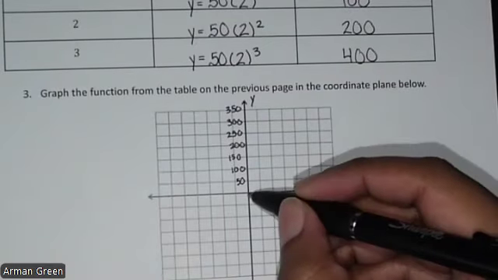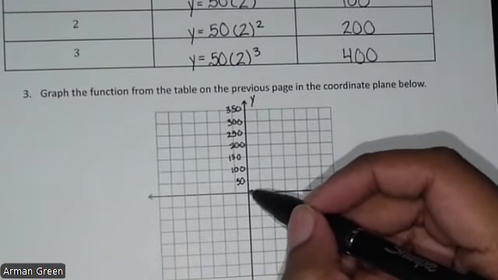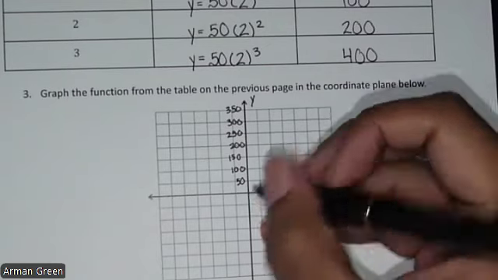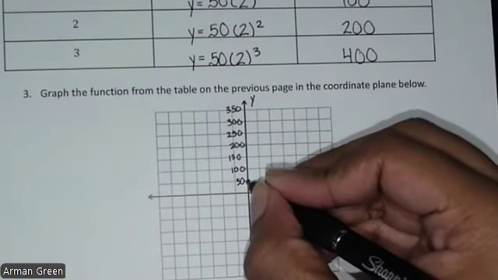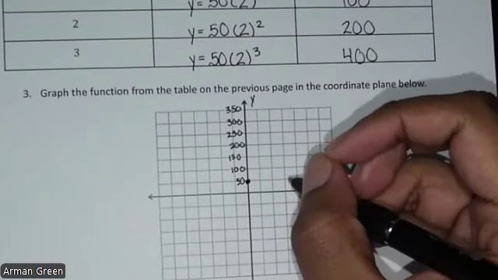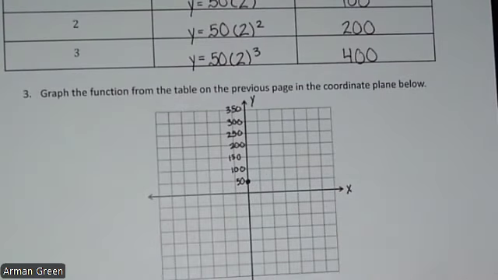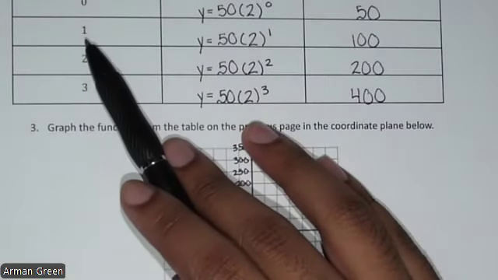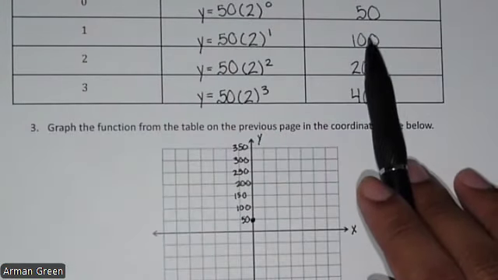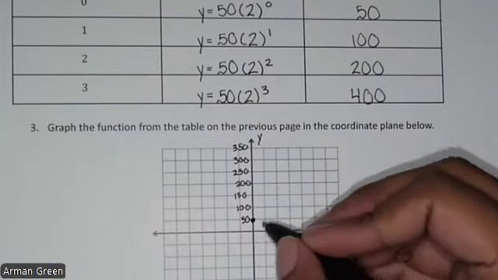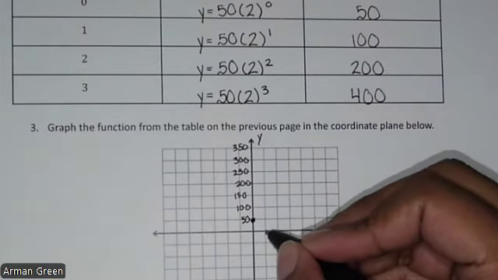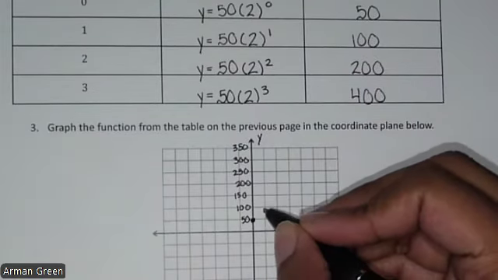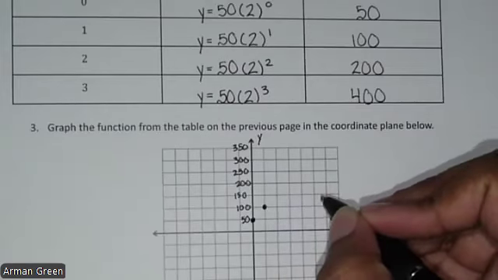So in this case, when x is 0, y is 50. So we have a point right here. If I go back to our table, it says that when our x value is 1, our y value is supposed to be 100. So I go 1 to the right, and then up 100, which means I'm going to have a point right here.